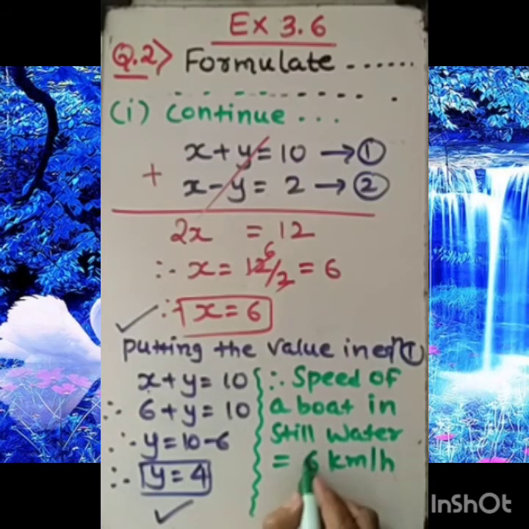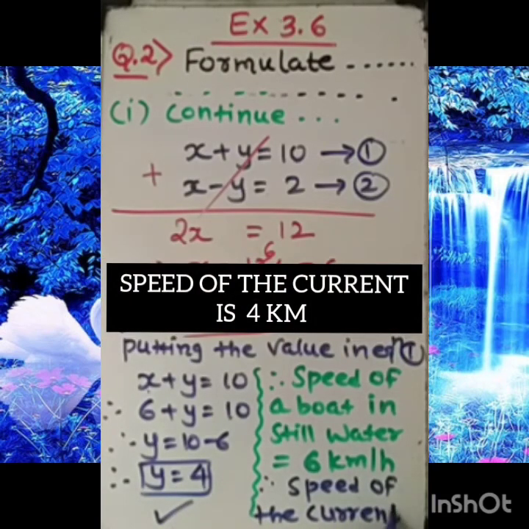Fine. And next we need to find the speed of the current. We have assumed y for that. So we need to mention speed of the current is 4 kilometer per hour. The speed unit is kilometer per hour.